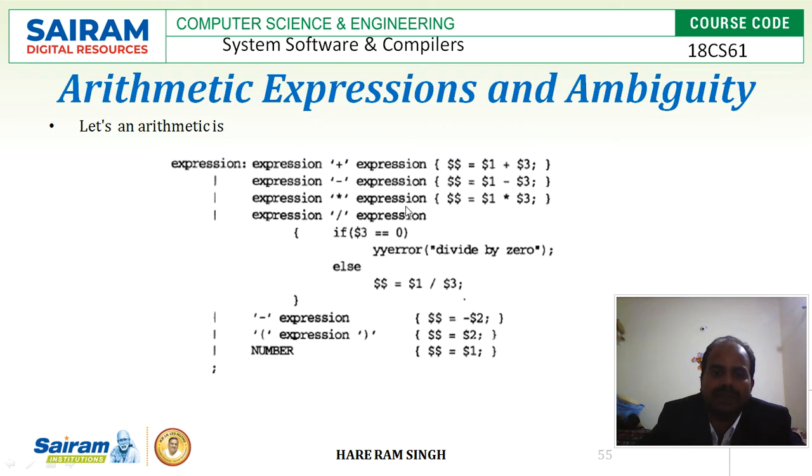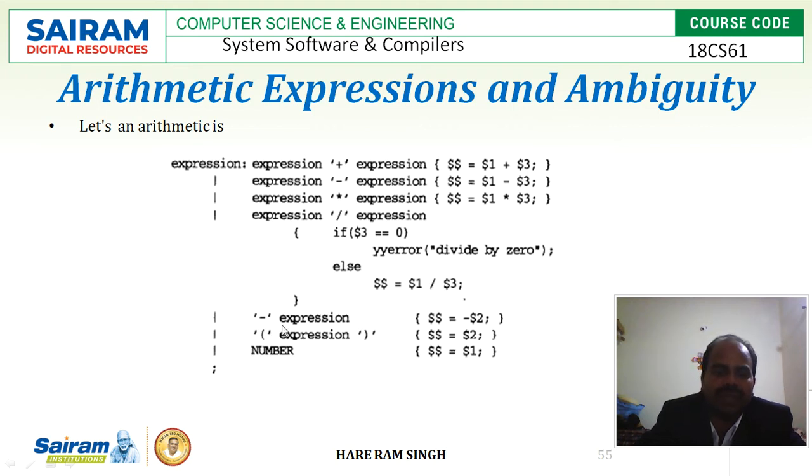Or expression into expression, $$ equal to $1 into $3. Then expression divided by expression, but division is possible only if $3 is not equal to 0. If $3 equals 0, it will generate an error, yyerror divide by 0, else $$ equals $1 divided by $3.